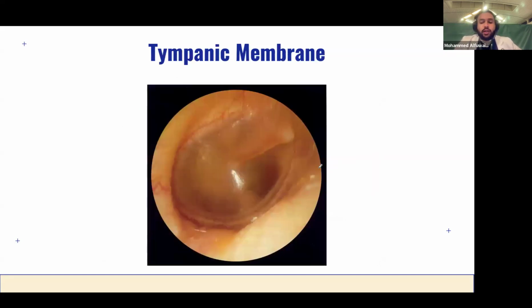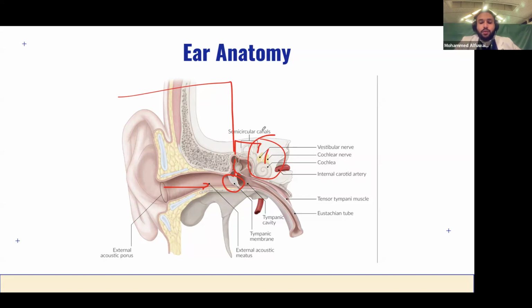What's important clinically is if you have anything that's obstructing the hearing from the middle ear and the external ear, this is what we call conductive hearing loss. If it's affecting the cochlea or the nerve, this is what we call sensory neural hearing loss. So why do we call it conductive?